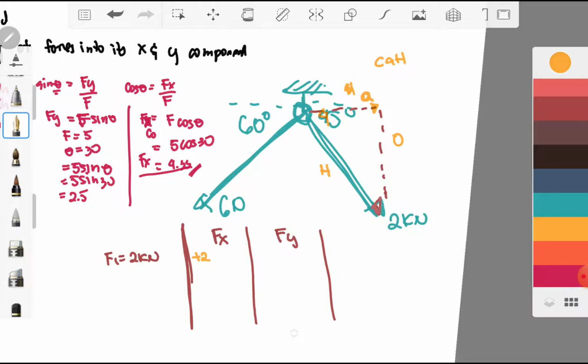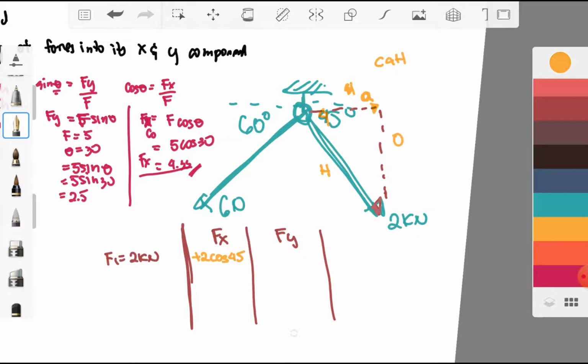So we have 2 cosine theta, or 2 cosine 45 degrees. That is positive, right? So 2 cosine 45 degrees.